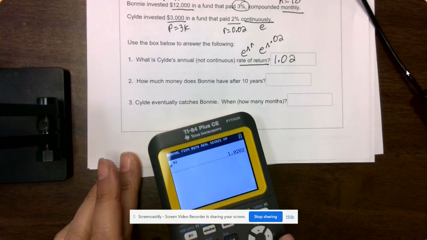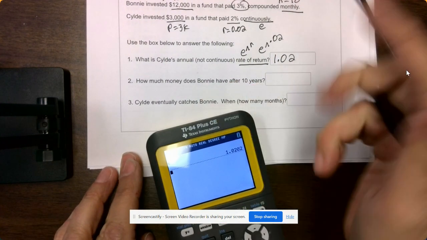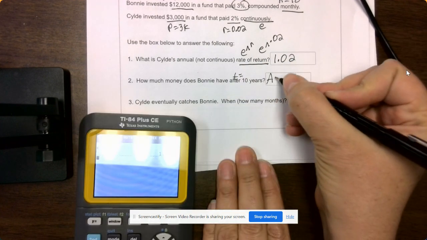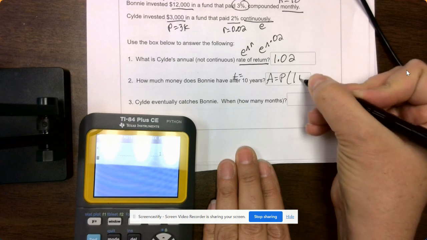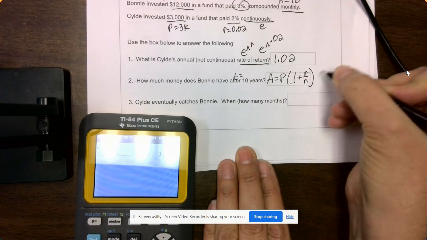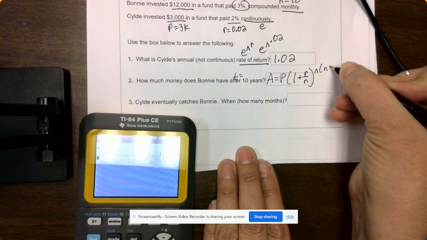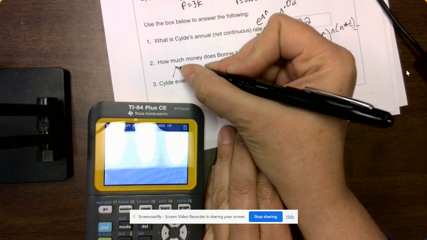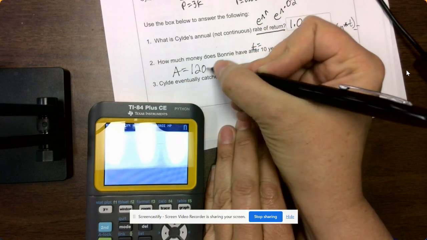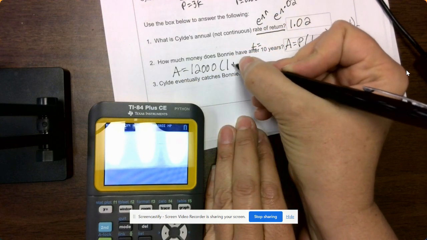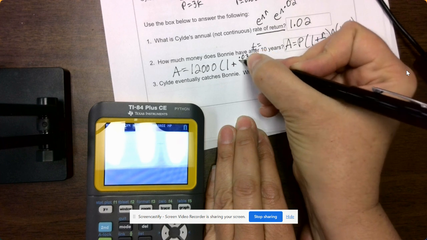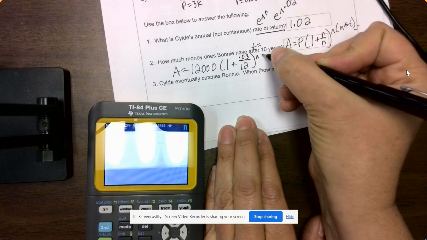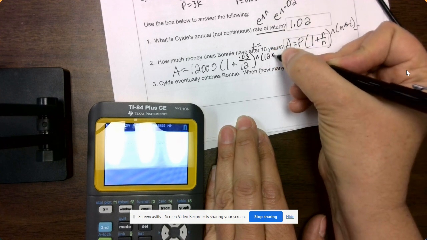Okay, how much money does Bonnie have after 10 years? So that means our time. We're going to be using our compound interest formula: A is equal to the principal times 1 plus the rate as a decimal divided by the number of times compounded, raised to the number of times compounded times the time. So A is equal to 12,000 times 1 plus 0.03 over 12, because it's compounded monthly, raised to 12 times 10.